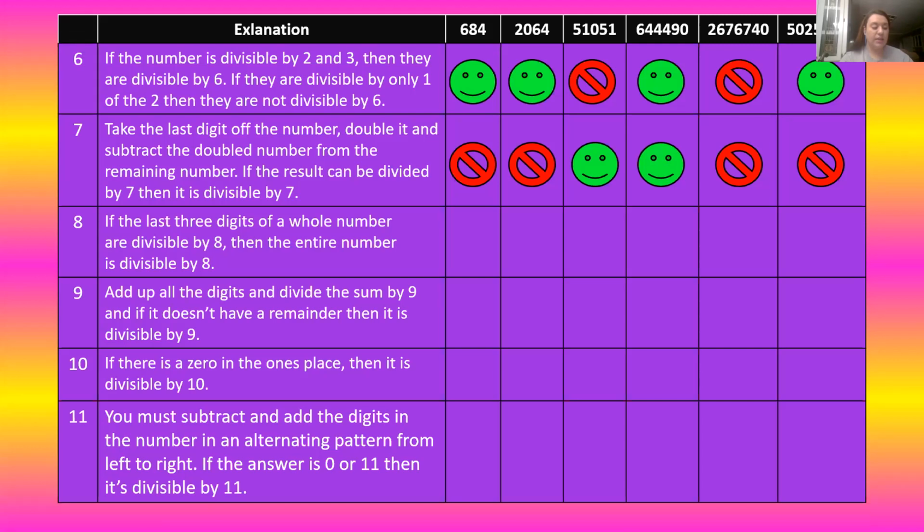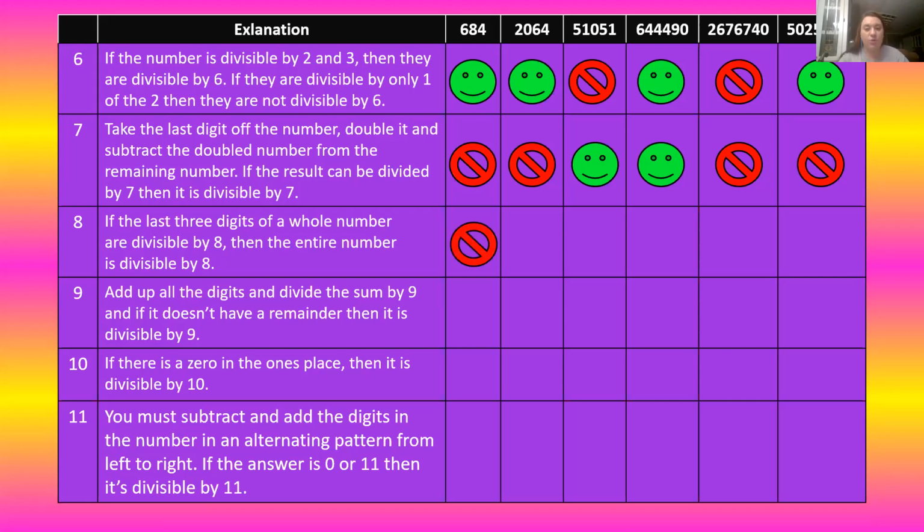Instead of doing these tests, you would just divide the whole numbers by the number to find out if it's divisible or not. That's practically what you would do with 8. So you would do 684 divided by 8, which gives you 85.5. So it is not divisible by 8.